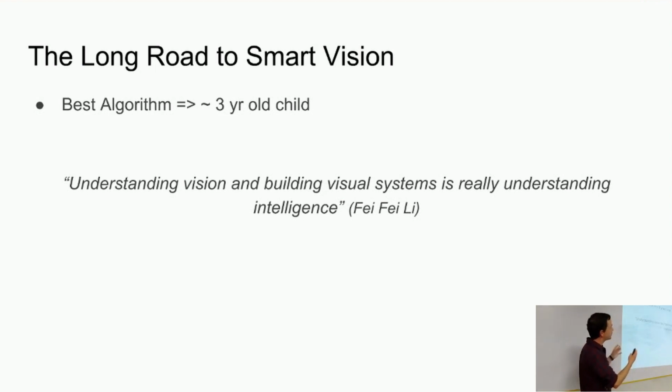When I show a 3-year-old kid the picture I just showed you, with a cat on it, they will automatically understand and tell you it's a cat. We feel that this visual perception is kind of granted for us, but it's actually something very hard to master. That's why so far the best algorithm can match no better than a 3 or 4-year-old kid. This very famous researcher in computer vision emphasizes this by saying that understanding vision is actually trying to understand how intelligence is working.